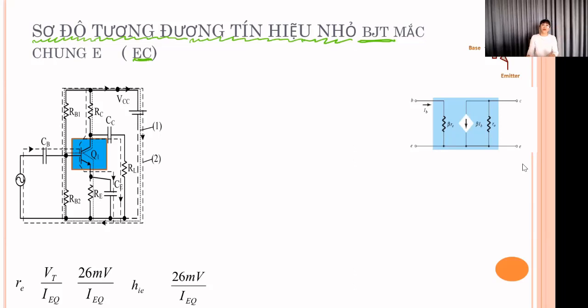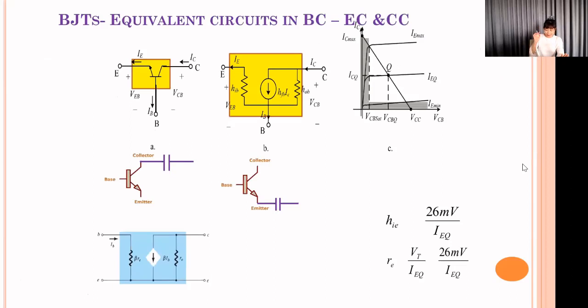Please write it down. And given this circuit, as you know, we have three kinds of configuration. We have three kinds of configuration of BJT, and the same three kinds for FET. And of these three kinds, the first kind is common base.